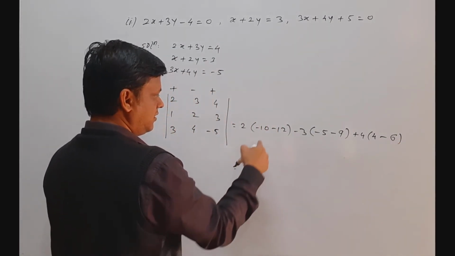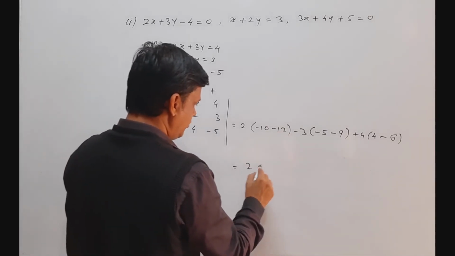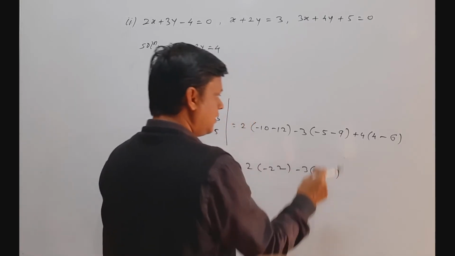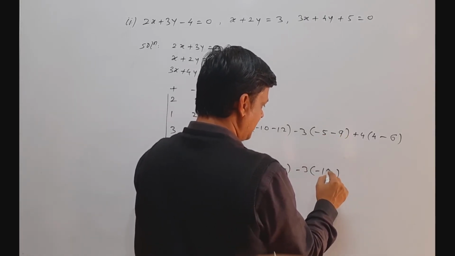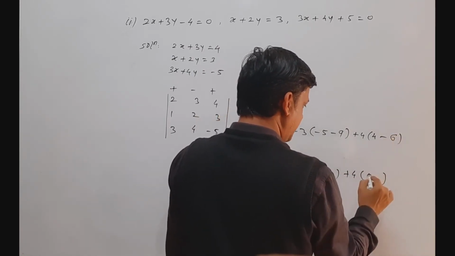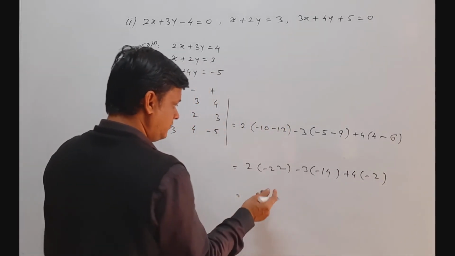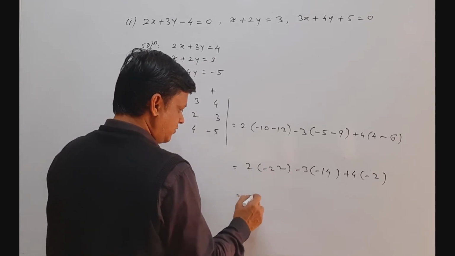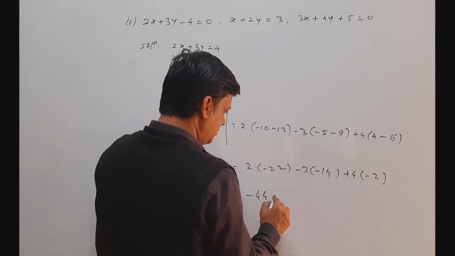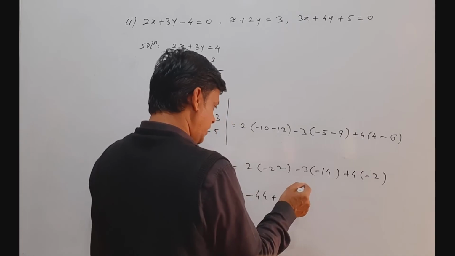So solve this. Minus 10 minus 12 we get minus 22. So right here 2 into minus 22 minus 3 into minus 5 minus 9 we get minus 14 plus 4 in bracket 4 minus 6 we get minus 2. So right here plus minus minus, so minus 44, then minus minus gets plus 14 3s are 42.